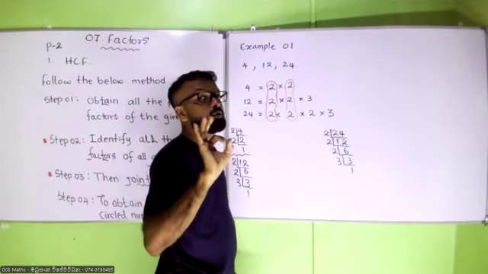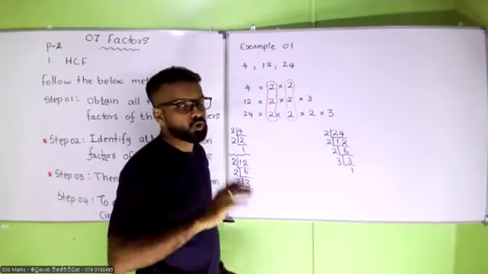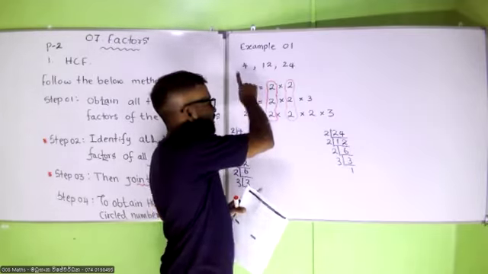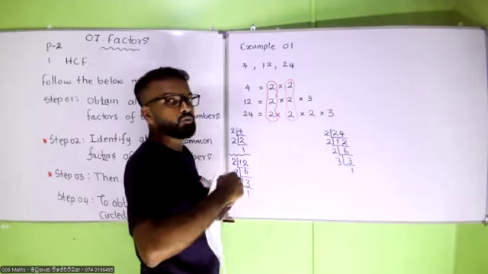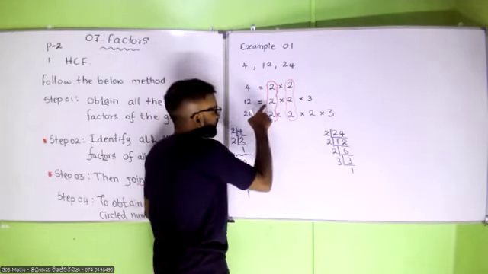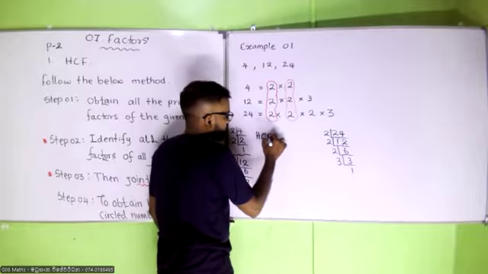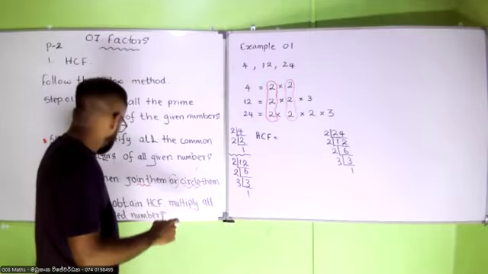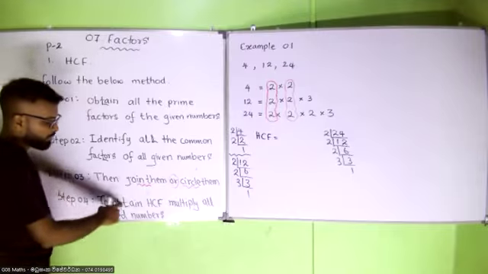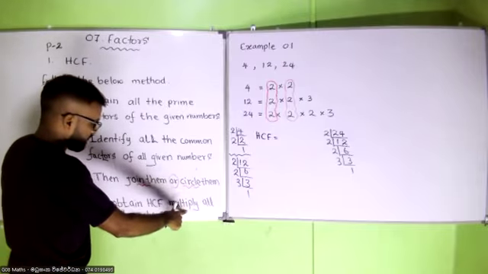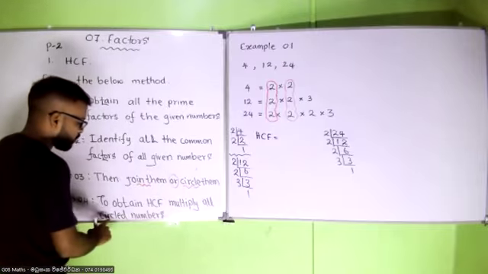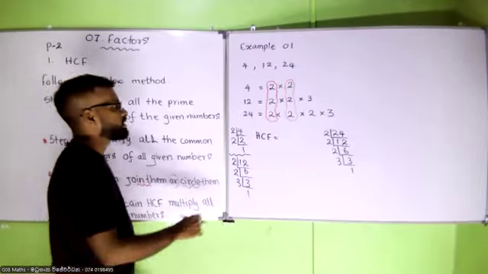So now I am going to find the highest common factor of all of these three numbers. I can write highest common factor. In step number 4, to obtain the highest common factor, multiply all circled numbers.